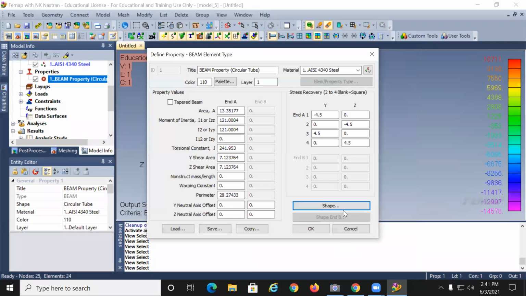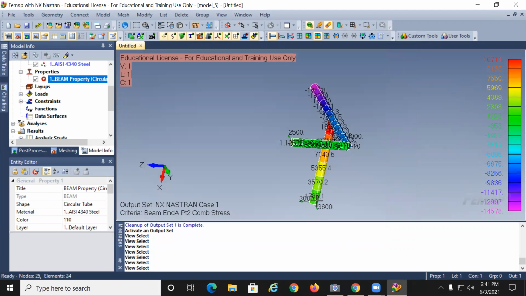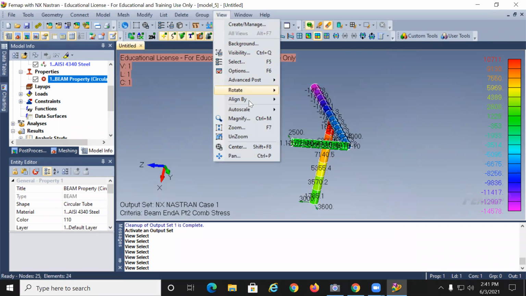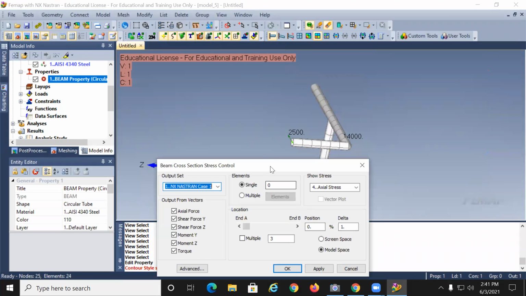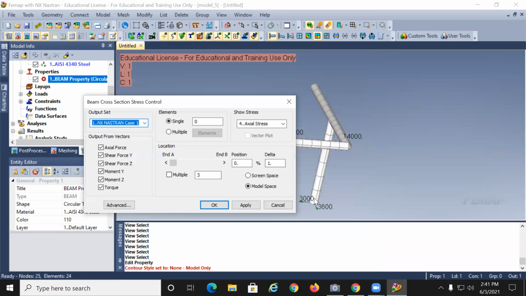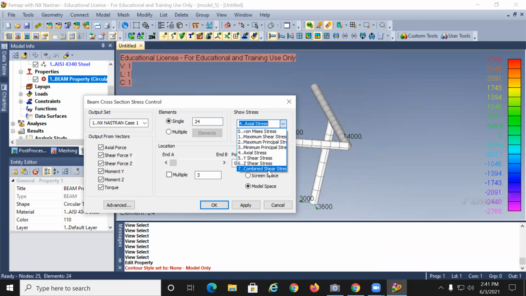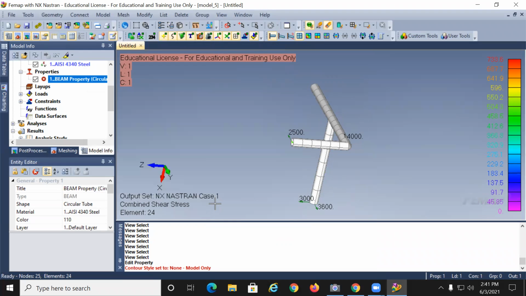But basically, let's just keep this one, 0.3. And let's see what that gives us for the shear. Let's see if we can do the shear with the view. Advanced post-processing, this one. We select this element here. Last time we found that one by looking at the combined shear.